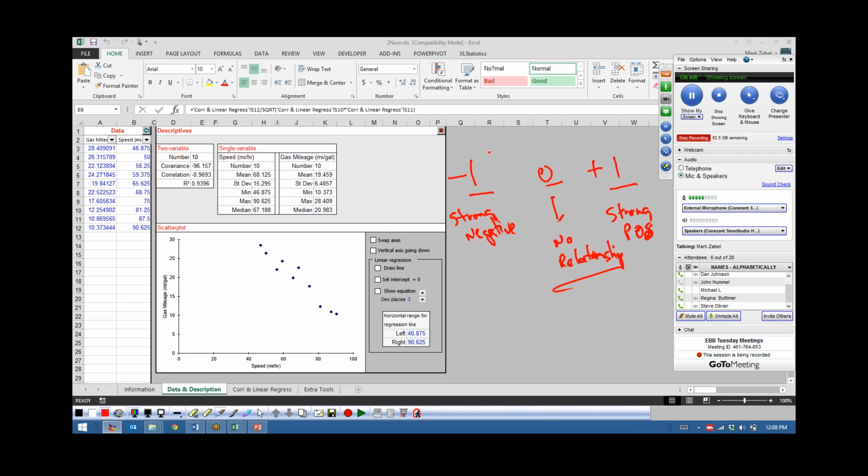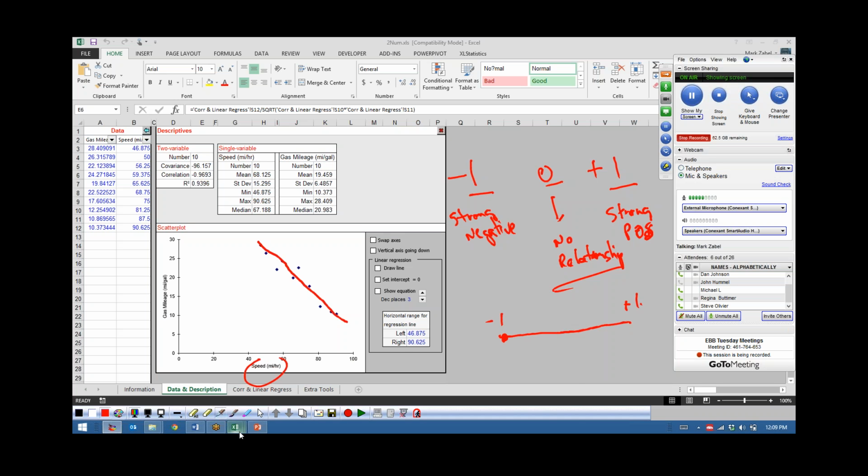So if we're looking on the number line between -1 and +1, it's almost exactly on -1. So this is an extremely strong negative correlation between these two. And that just means as one increases, the other decreases. That's all that correlation means. It's just a quantification of how strong is strong.